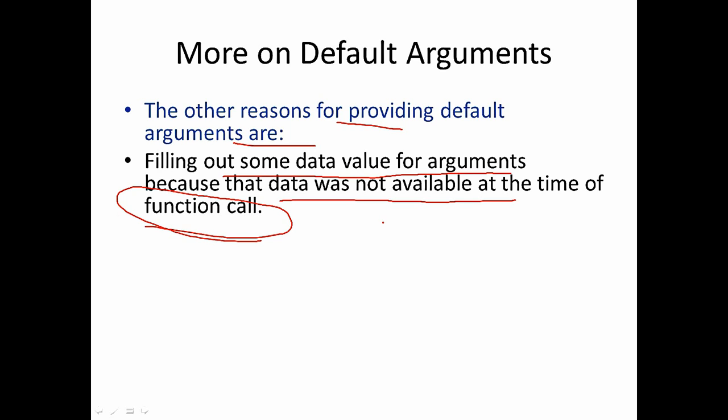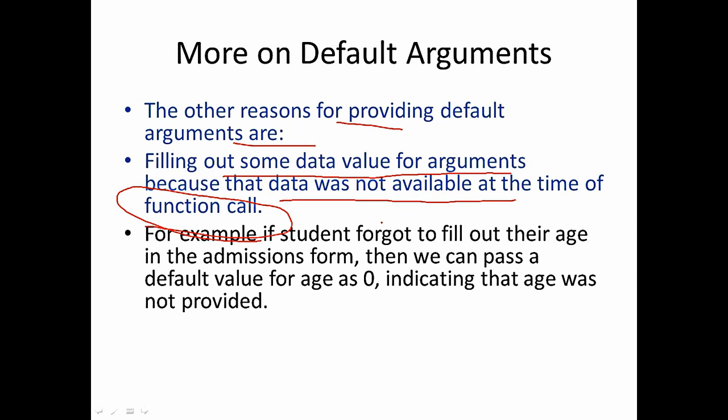We're not so fortunate in programming technology unless you declare the value types to be nullable, but we can use some other value and make some decisions based on that. For example, if a student forgot to fill out their age in the admissions form, then we can pass a default value for age of 0, indicating that age was not provided, just forgot.